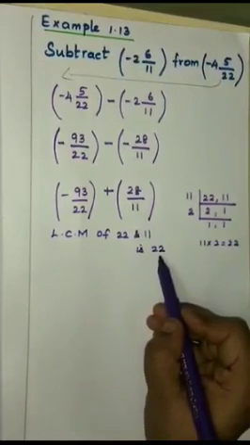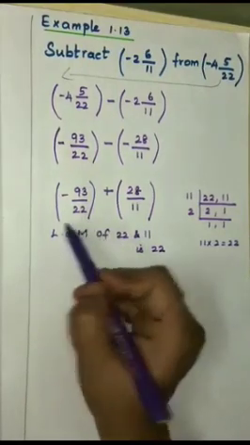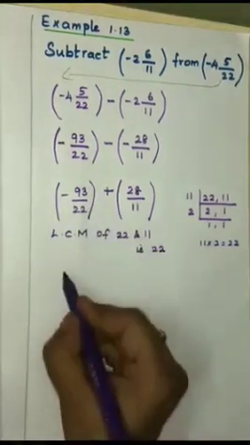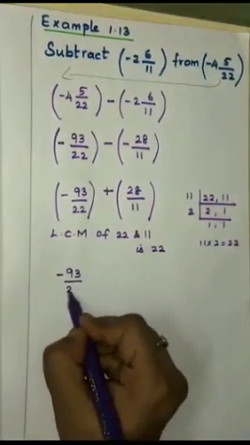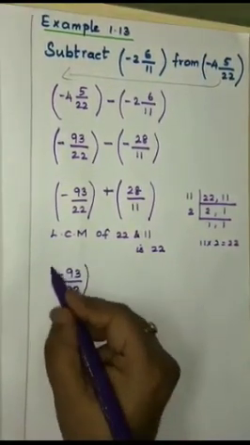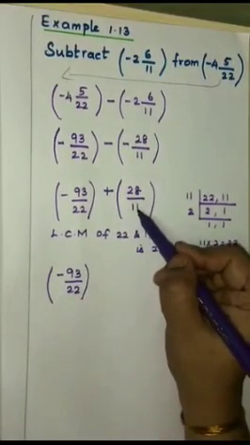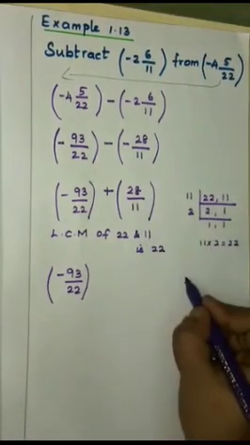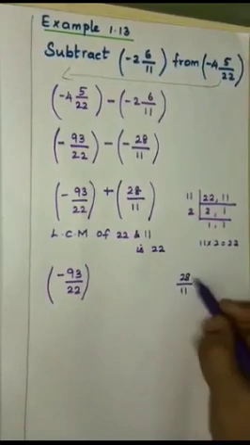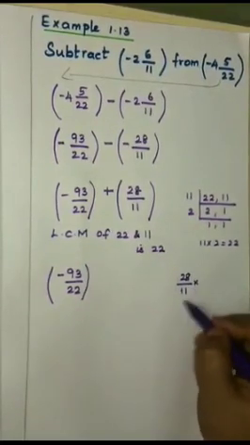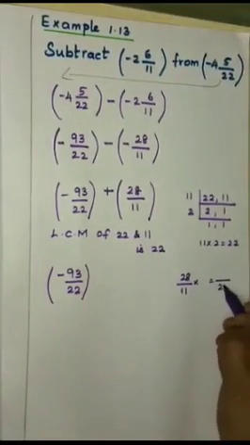Since we have this LCM, that is 22, in the first rational number, in the denominator place, we are not going to make changes here. Write the rational number as such. But in the second rational number, we have 11 in the denominator place. So we are going to find equivalent rational number for this rational number whose denominator is 22.